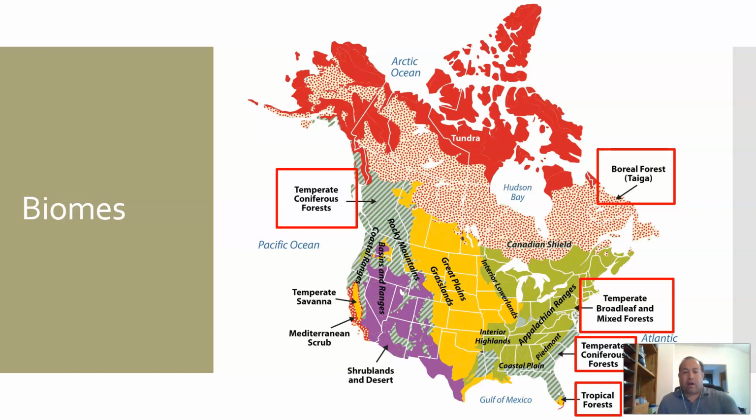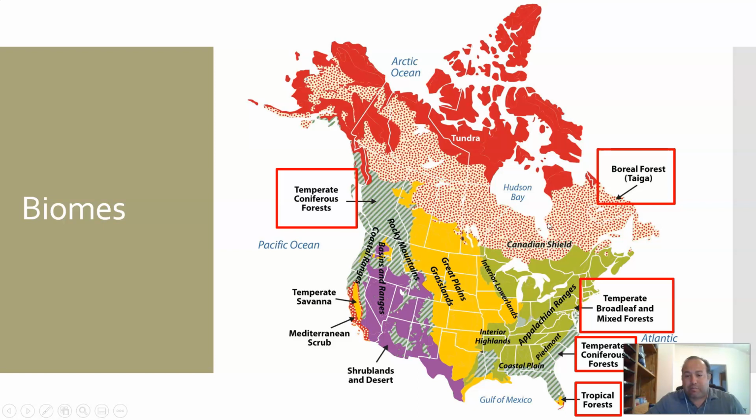In terms of the forests that we're going to talk about today, we're going to focus on North American forests. Within that, we're going to talk about the Canadian forests, and that's going to be boreal forest or taiga. It's going to fall into that biome for the most of it. Some of the Canadian forest falls into temperate coniferous forest, but what we'll focus on is the boreal forests.